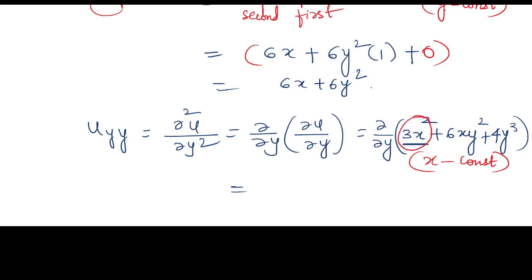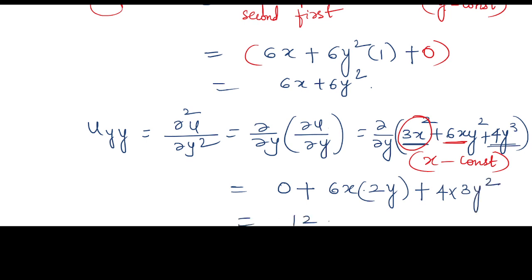In the second term, as differentiation is with respect to y, 6x is constant, so we write it as it is, and the derivative of y² with respect to y is 2y. Plus the derivative of 4y³ is 4 into 3y², so the result is 12xy plus 12y², which is ∂²u/∂y².